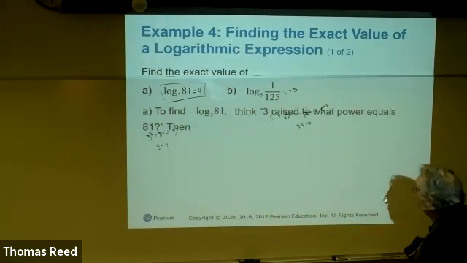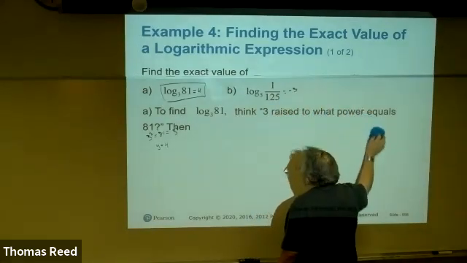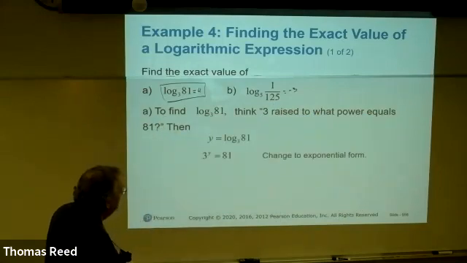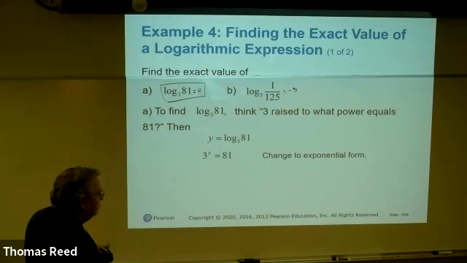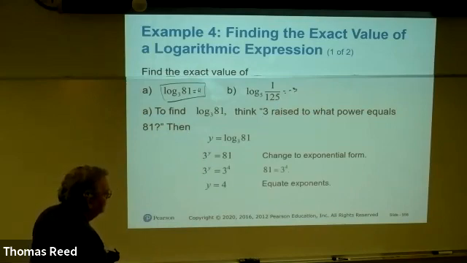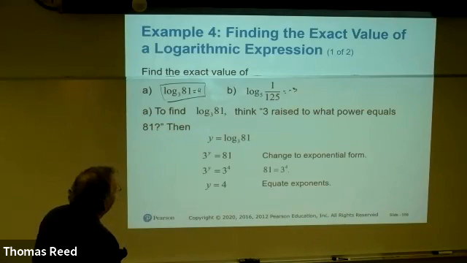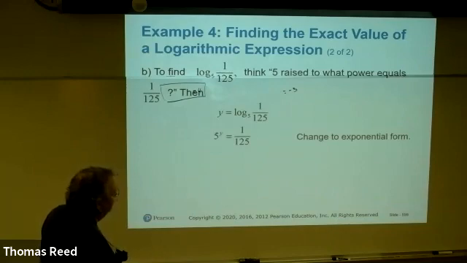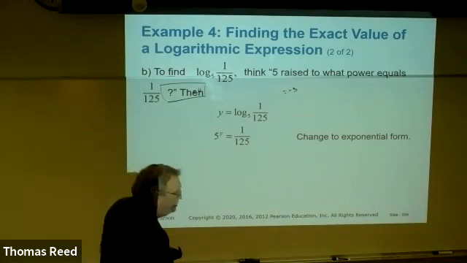And that's exactly how they do this. Think: 3 to what power equals 81. So there we have it. And they do letter B the same way I did. So 5 to some power equals 1 over 125, or 1/125.